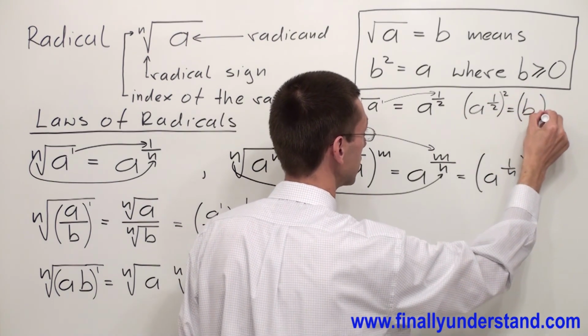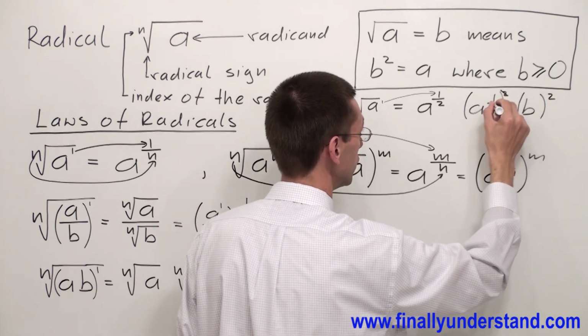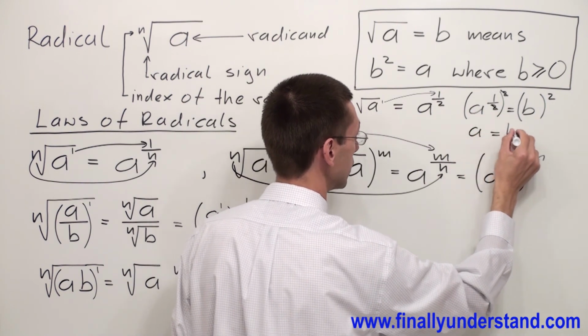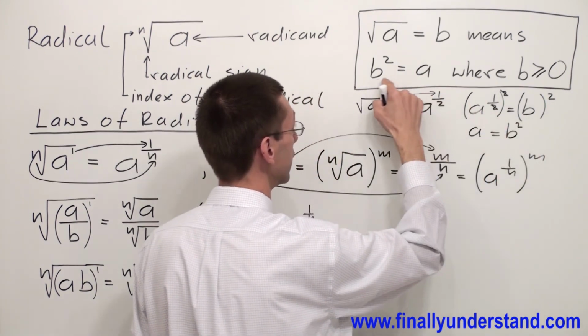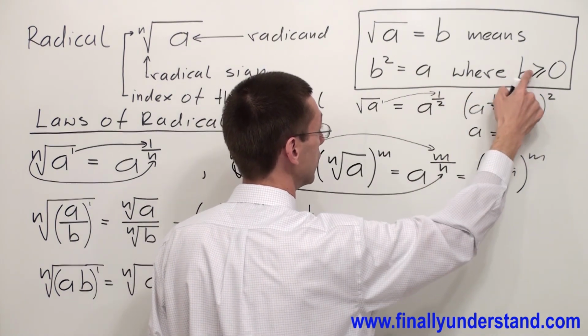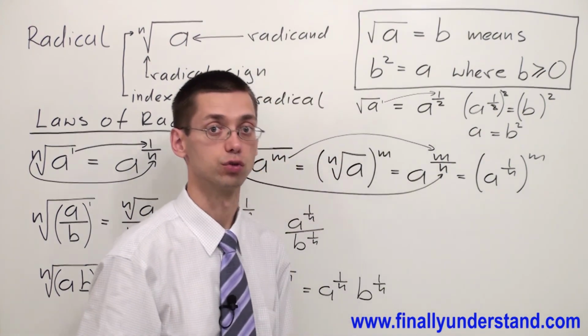Whatever I did on the left side, I have to do also on the right side. 2 and 1/2 will cancel out. That's why I have a equals b squared. This is my definition. Remember, b has to always be greater than or equal to 0. Now, let's do some problems.